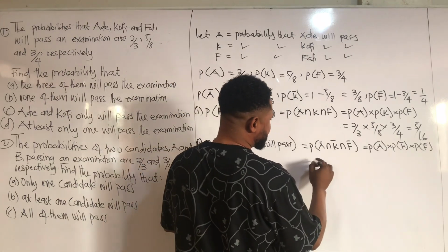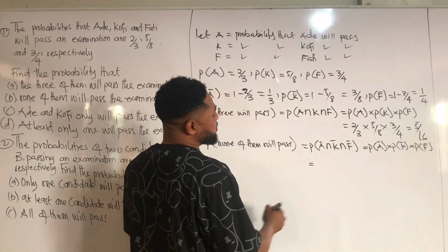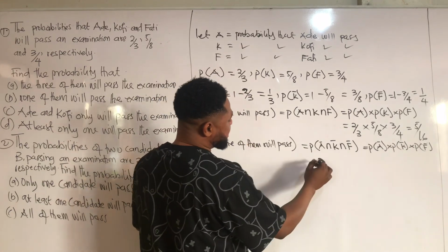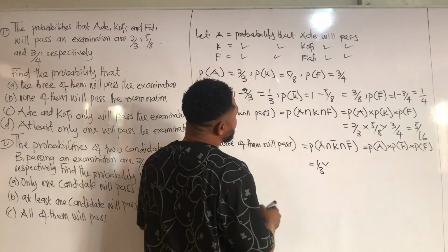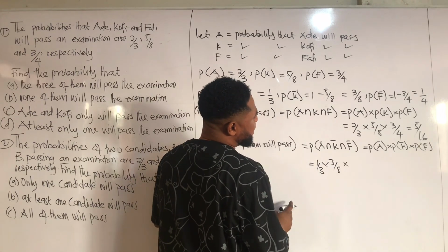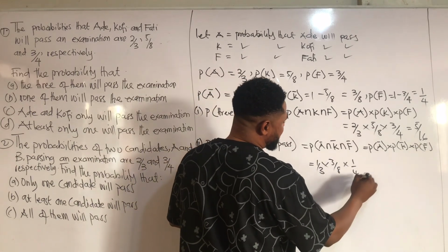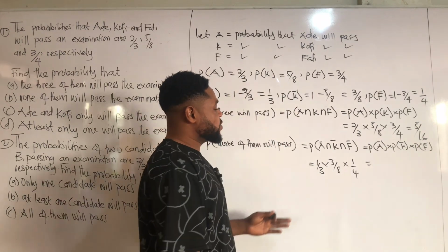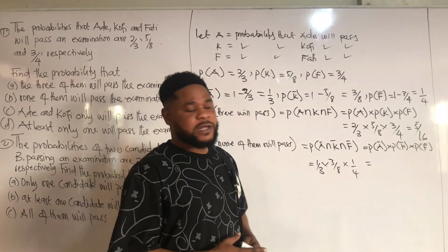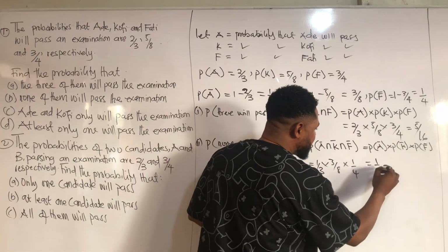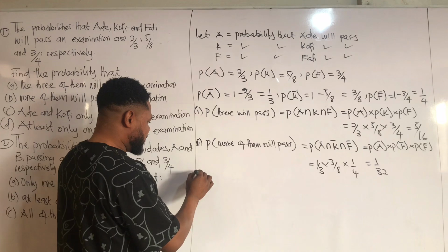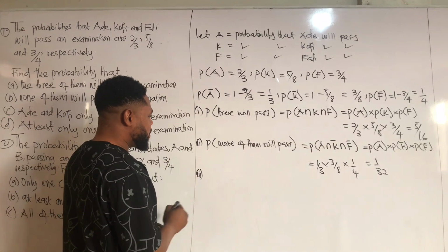Then we can fix our values into this formula, and Ade will not pass is 1 over 3. Kofi will not pass is 3 over 8. And Fatih will not pass is 1 over 4. So we are just going to fix this into our calculator, and that will give us 1 over 32 nicely.